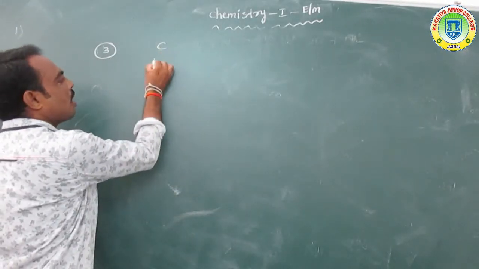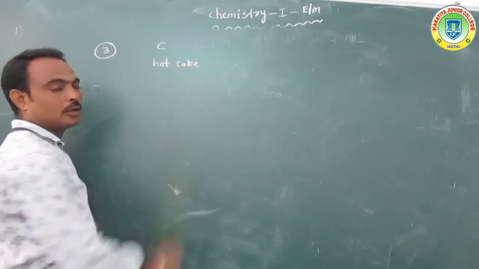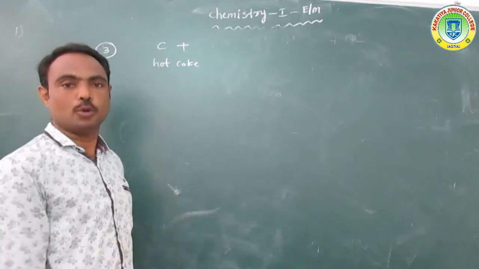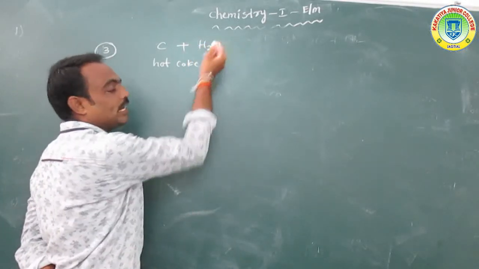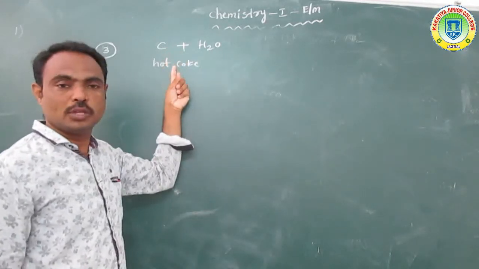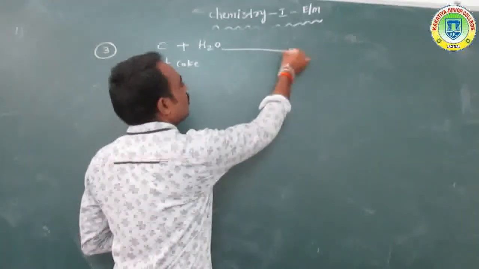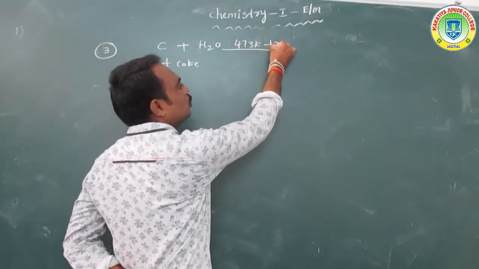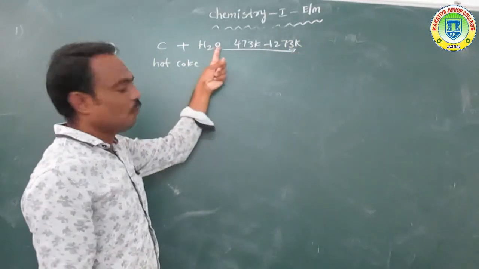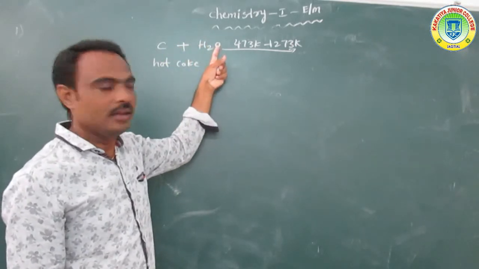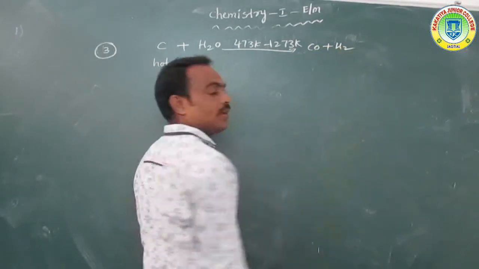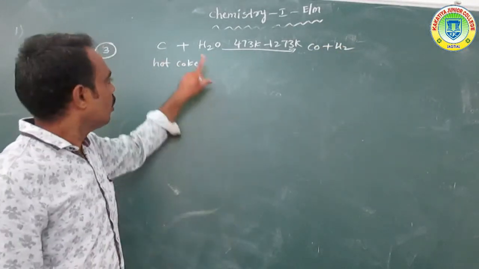Next, third preparation. Suppose we have taken hot coke. Steam or water vapor is passed through the hot coke at 473 Kelvin to 1273 Kelvin temperature to form CO, carbon monoxide, and hydrogen gas, H2.